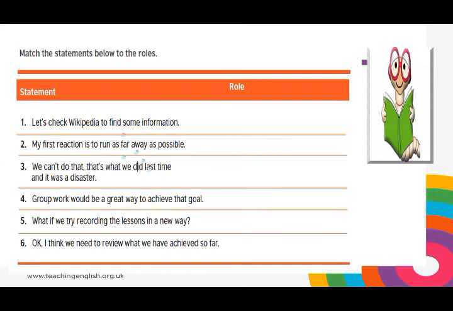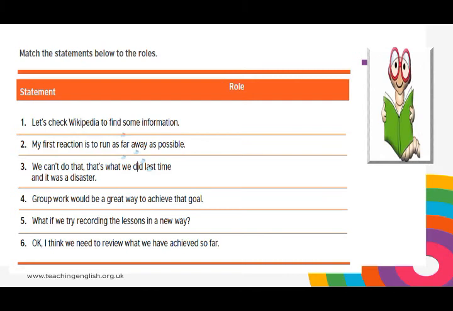No. Organizer, creative, and positive. We took positive. Number 4 is positive, Miss Mona. Group work would be a great way to achieve that goal. Of course, this is positive.